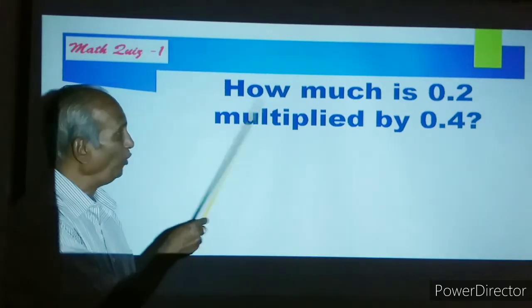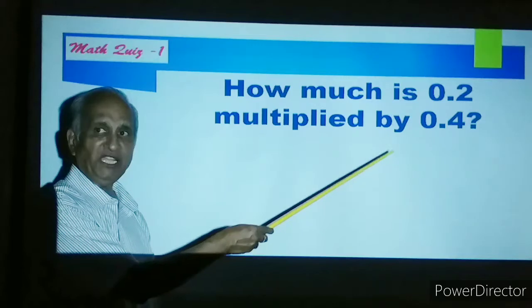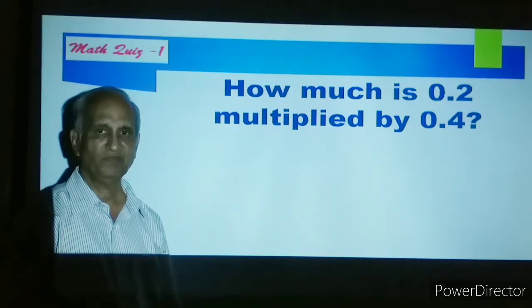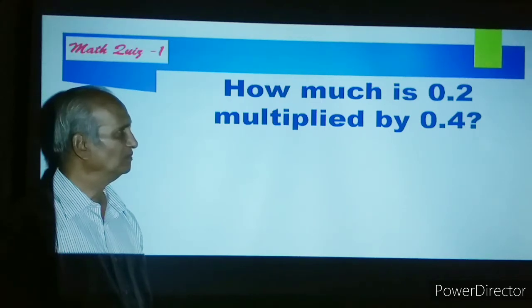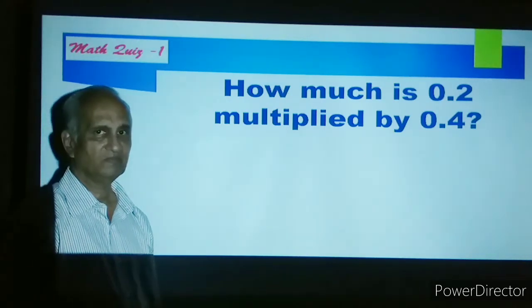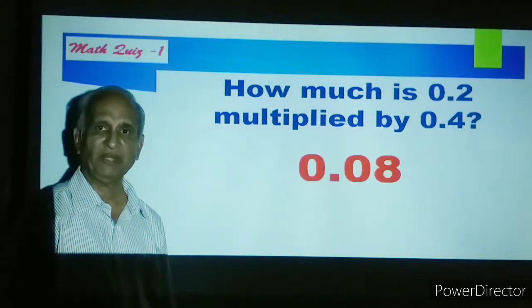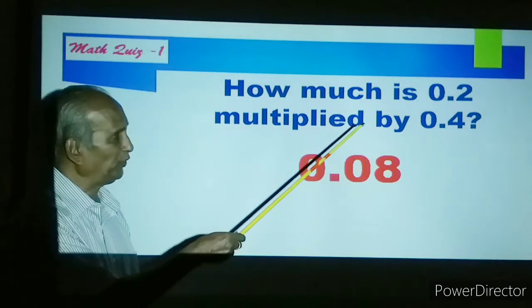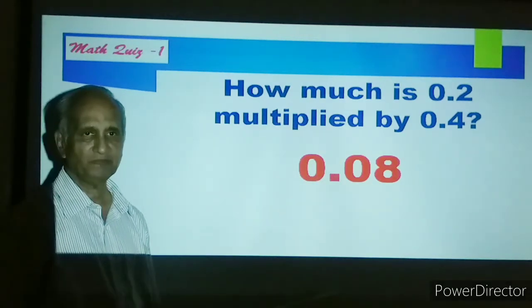Next question, how much is 0.2 multiplied by 0.4? It's a question on decimal multiplication. 0.2 into 0.4. 2 into 4 is 8.